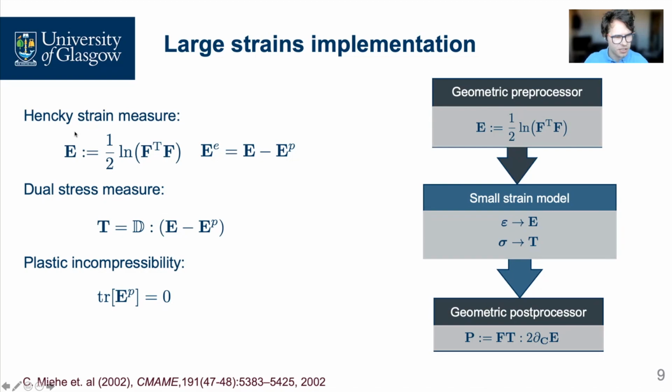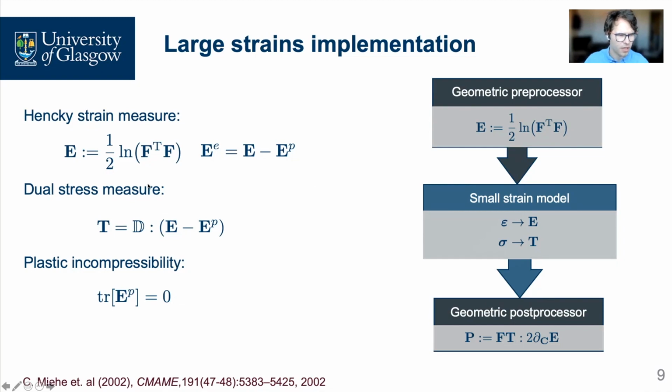As you can see, it introduces this Hencky strain measure, which is the logarithm of the product of the gradient of the deformation. And what is great about it is that it still preserves the decomposition that we used previously for small strains.